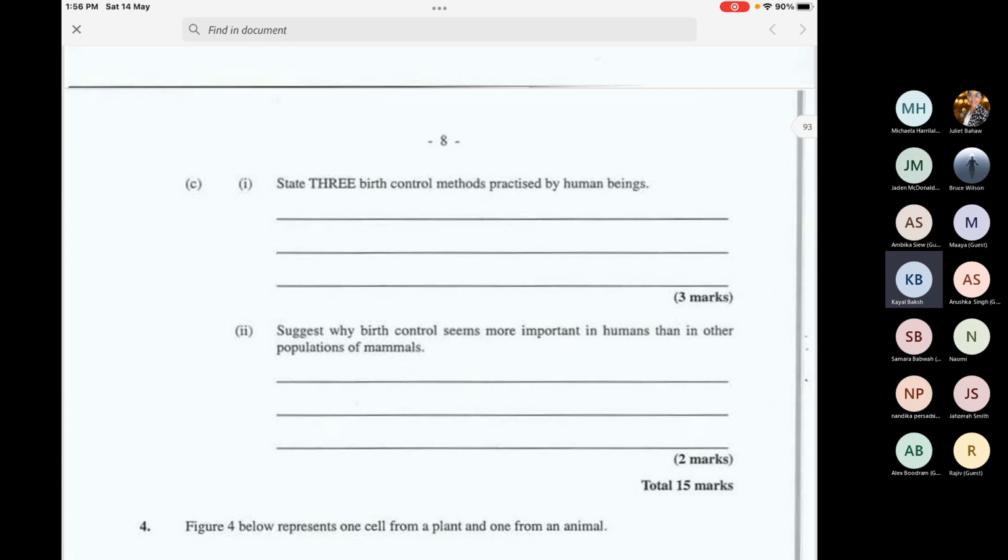That's valid. So before you start to write answers, always think and form your sentence first. Simple sentences. It seems more important in humans because humans need to plan a family.